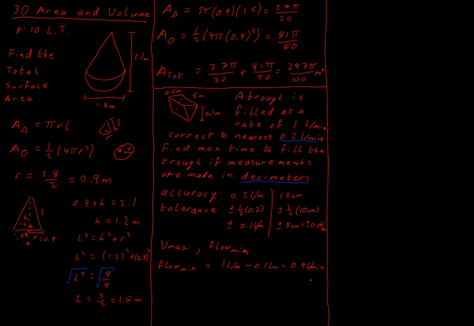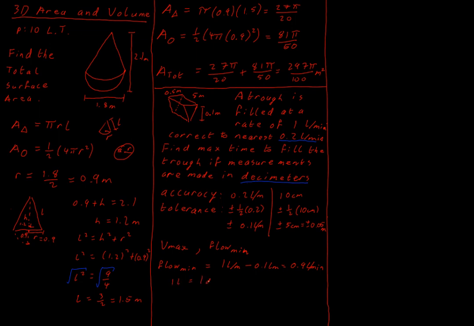This is critical. If we don't do this, we'll get entirely the wrong answer. So how are we going to go from liters to meters cubed? Well, a liter is a decimeter cubed.